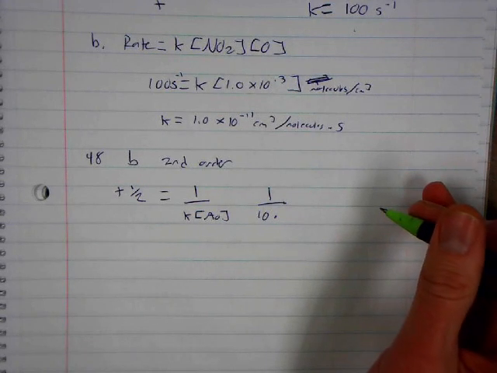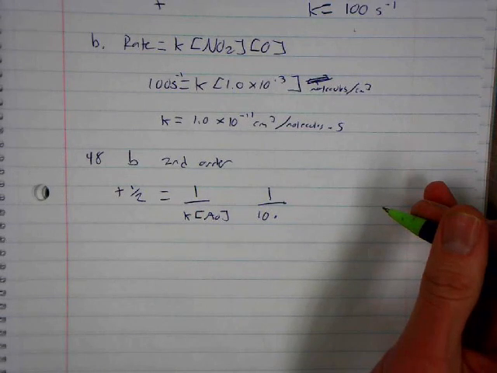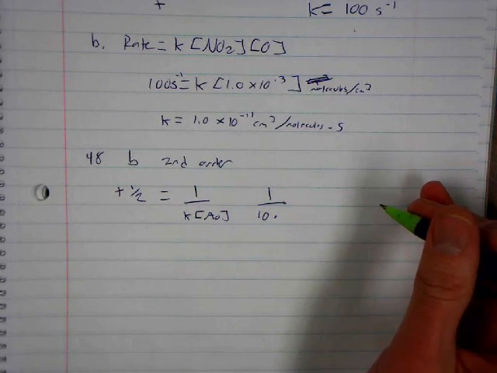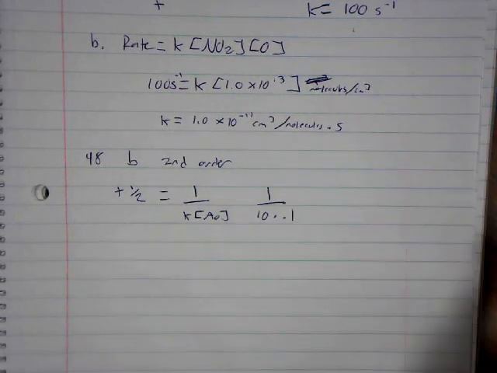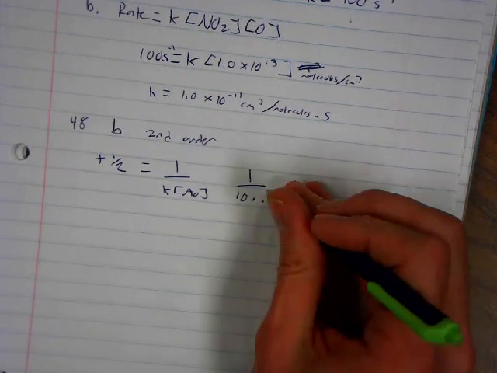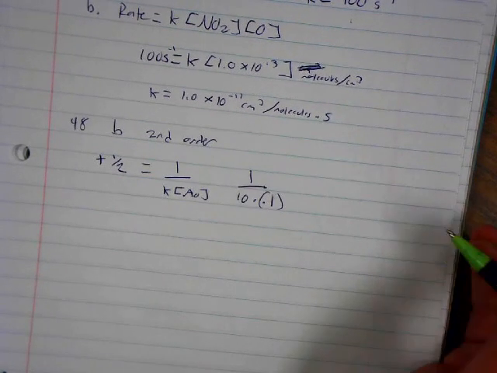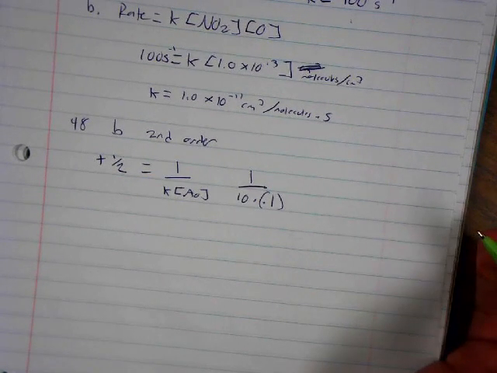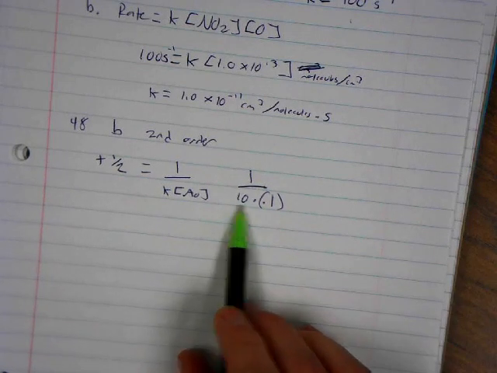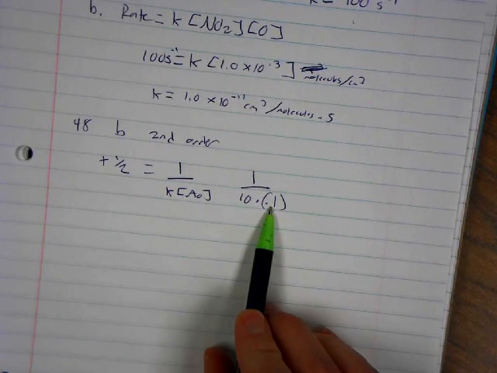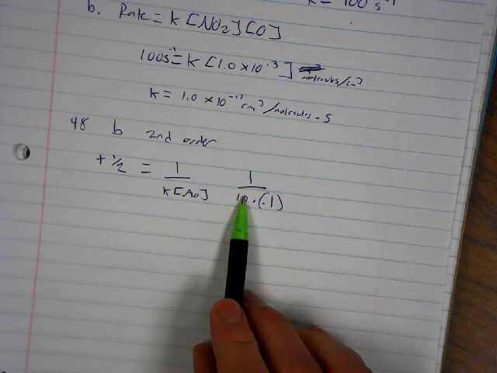Times your initial concentration of A naught, so you had to go back to 47, was 0.05. No, it's 0.1. It was 0.1, right? 10 times 0.1.